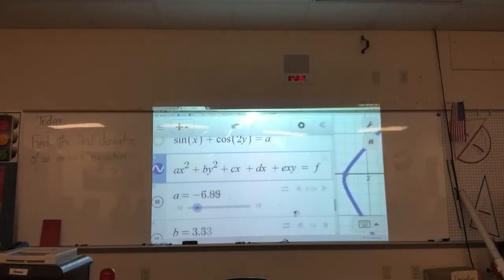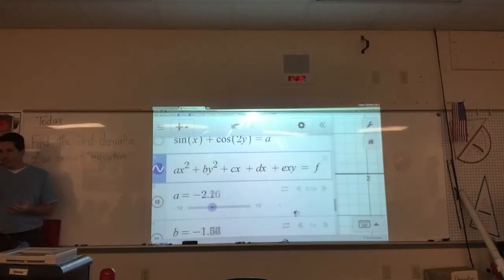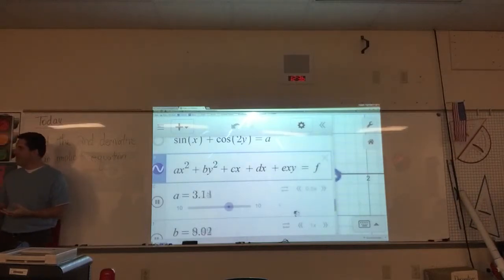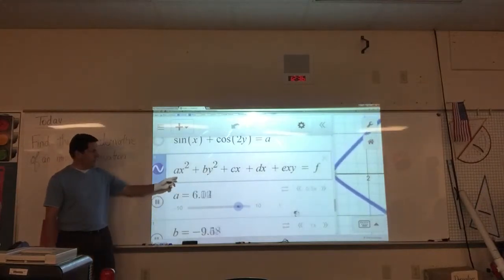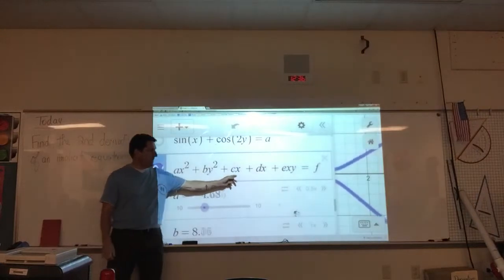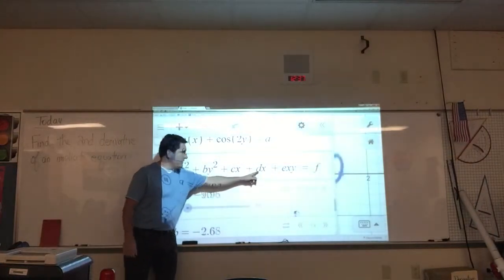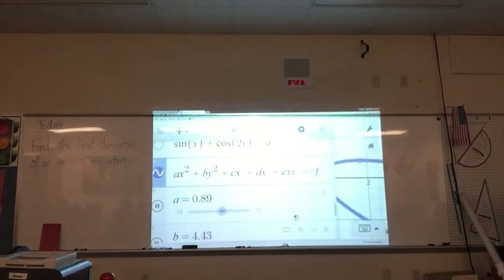Conic sections, equations, these are the parabolas, the ellipses, hyperbolas, and so on. And they can all fall under this category of an equation that is ax squared plus by squared plus cx plus d, well that should be dy, plus exy is equal to f.